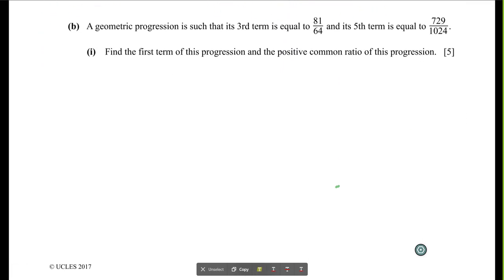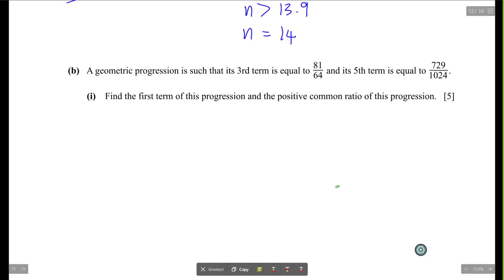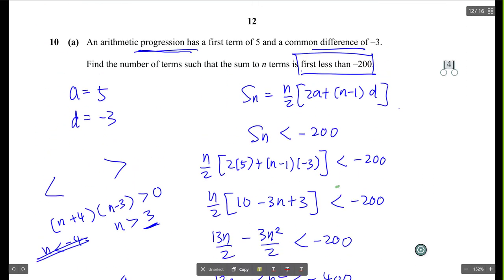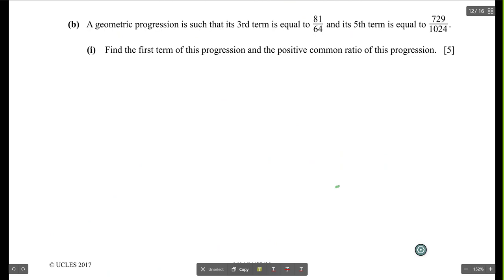Okay. So in this topic, you have AP, which is arithmetic progression, and GP, which is geometric progression. So the third term is equal to this one, and the fifth term is equal to 729 over 1024. So find the first term of the arithmetic progression and the positive common ratio. First term will be A, they ask us to find.